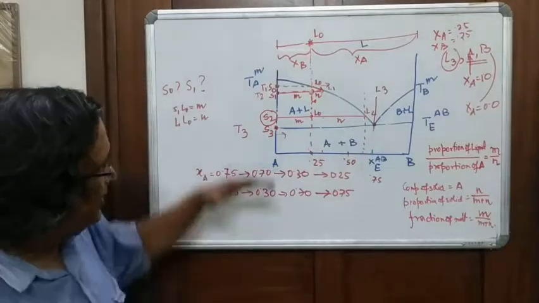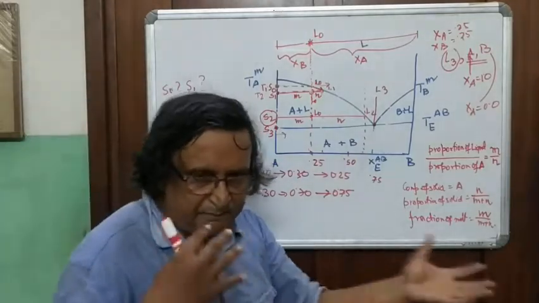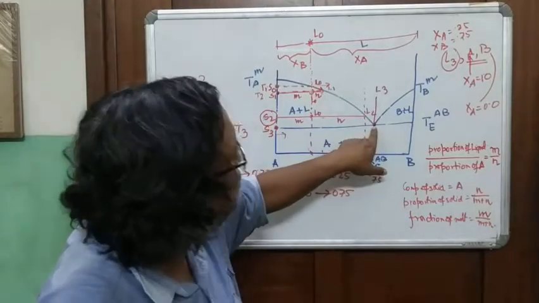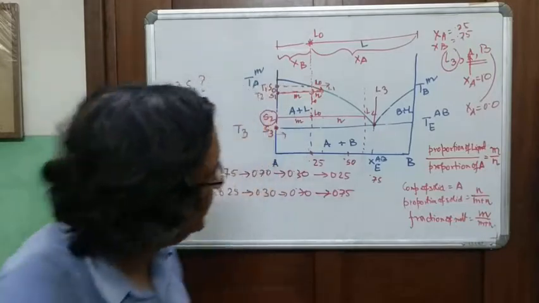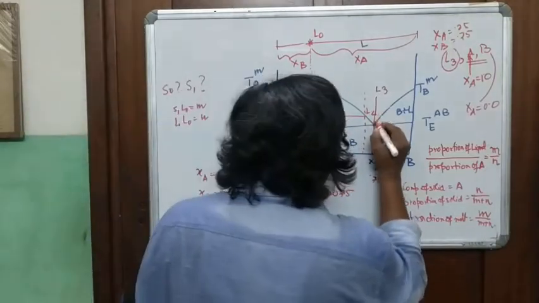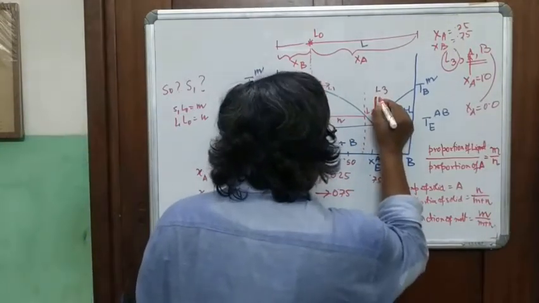So what will happen if you have to have melt A and B? Then it has to be this point and no other point. So where will L4 be? L4 will also be here.